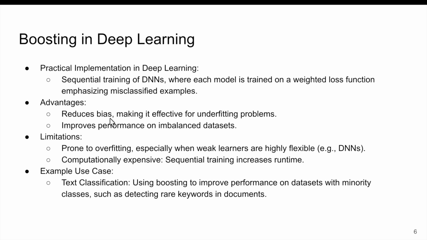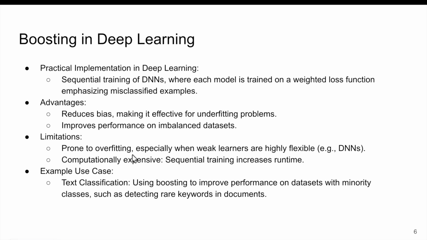Okay, it reduces the bias. As I said, bias is associated with underfitting, so it is effective for underfitting problems. Okay, it improves the performance on imbalanced data sets. Limitations: it is prone to overfitting.